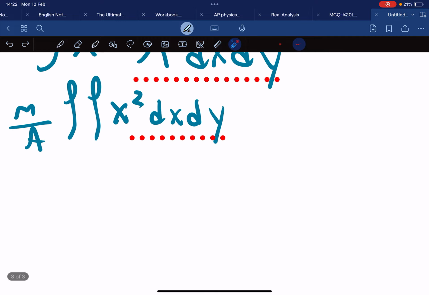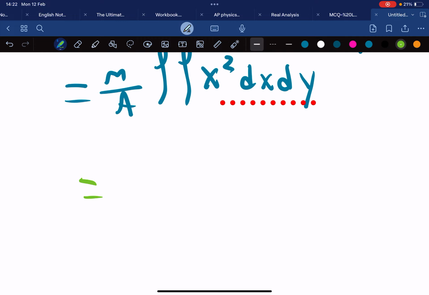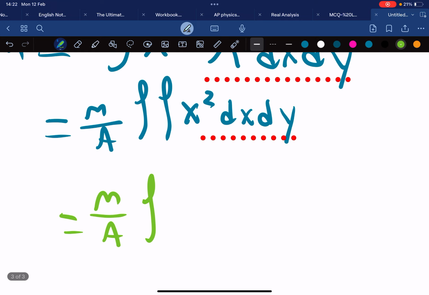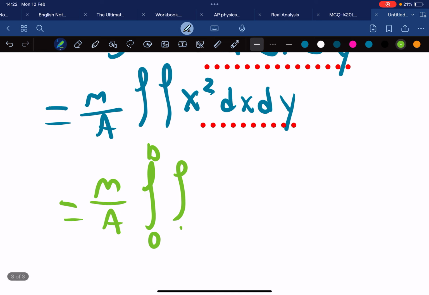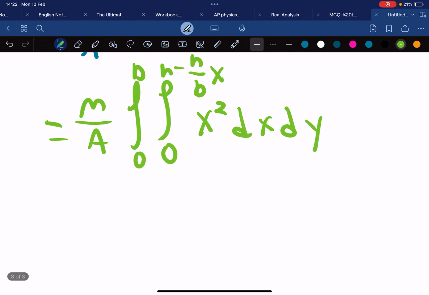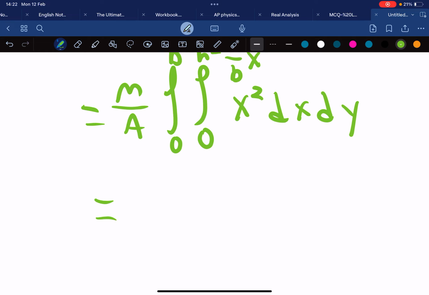So then we can write that this equals m over A times the double integral, where x ranges from 0 to b, and y ranges from 0 to h minus h over b x, of x squared with respect to x and with respect to y. This is quite easy to compute.